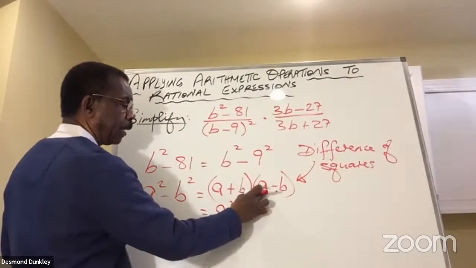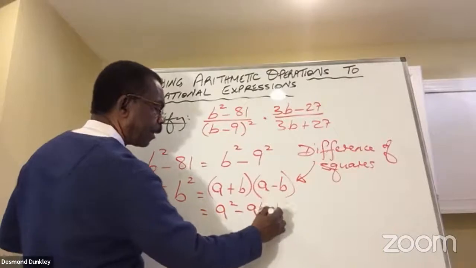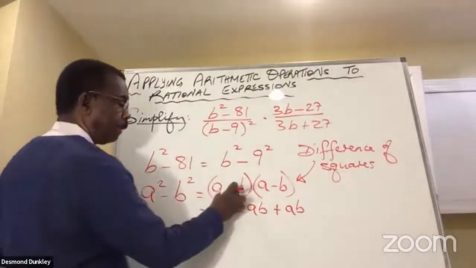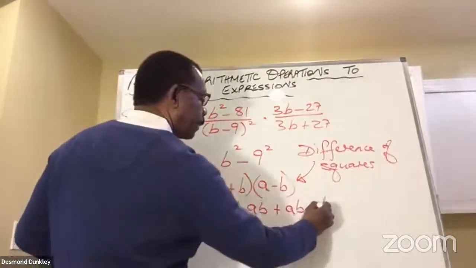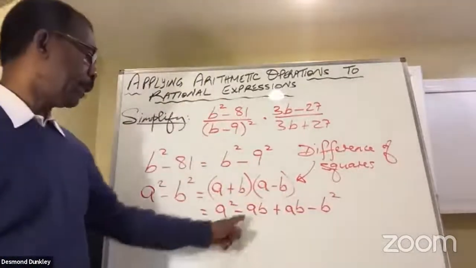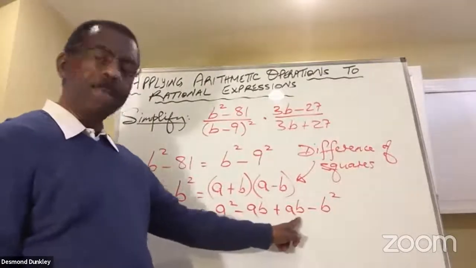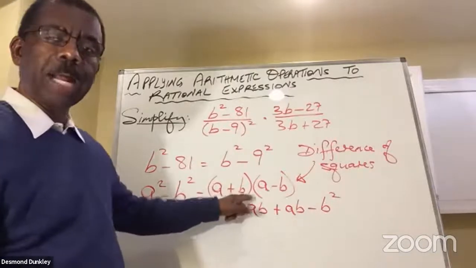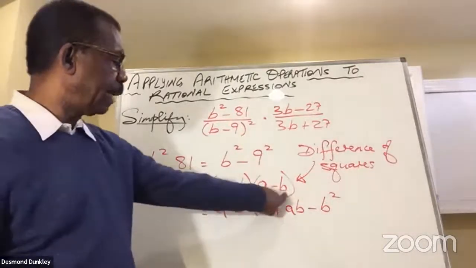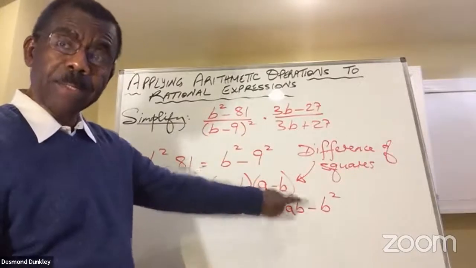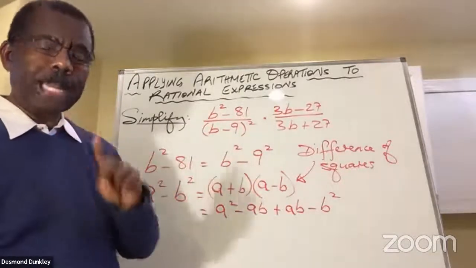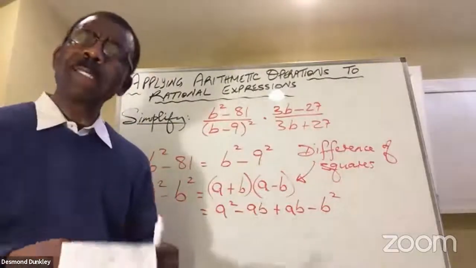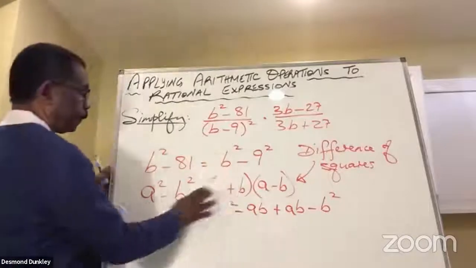B times A is BA or AB. You always write it in alphabetical order. And then B times negative B is minus B squared. Look at this. Minus AB plus AB. They cancel. So it doesn't matter what numbers these are. As long as you have the same terms with a different sign in the middle, the middle terms will always cancel. So you must keep this in mind because it's a very important concept. It's called difference of squares.